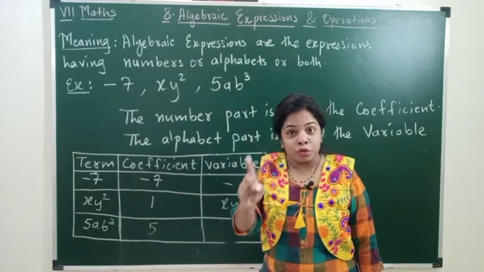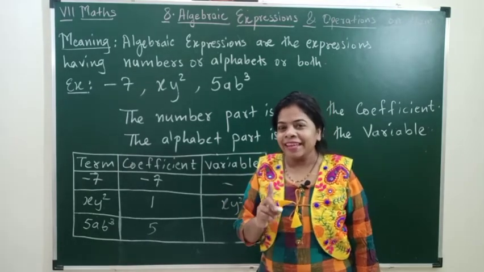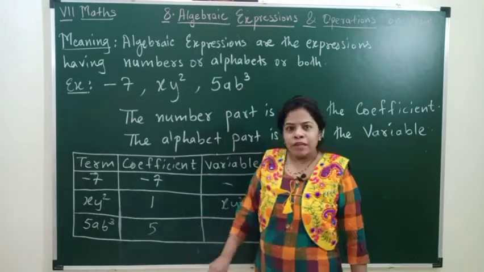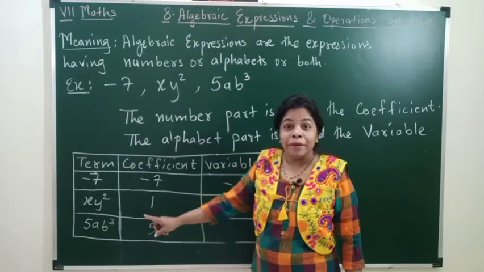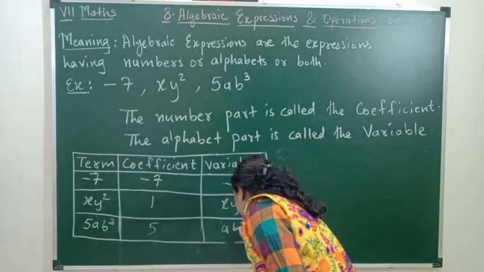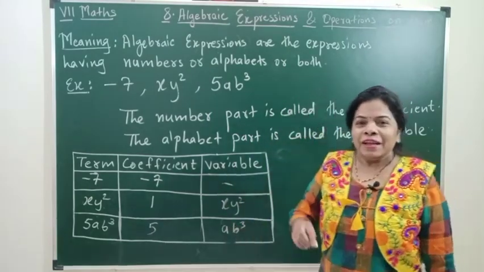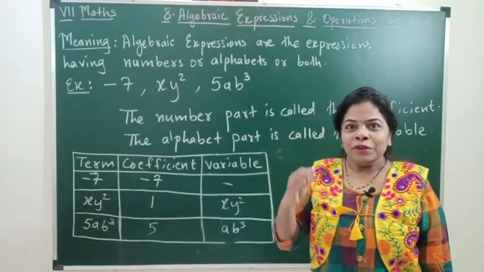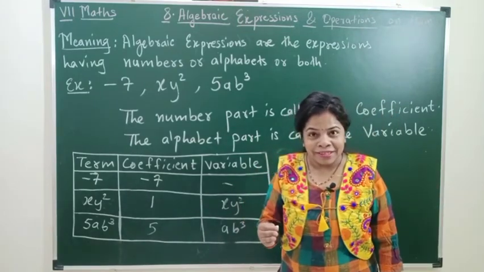If the index is 2, I can call it as square, and if the index is 3, I can call it as cube. So the coefficient is 5 and the variable will be AB cube.